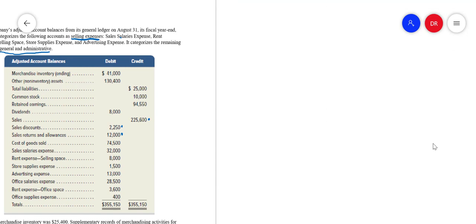So what we're going to do is start with the income statement on a multiple step income statement.